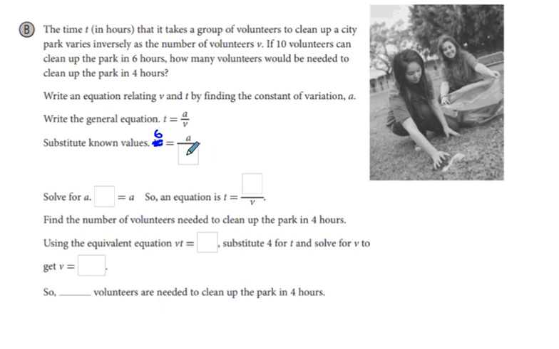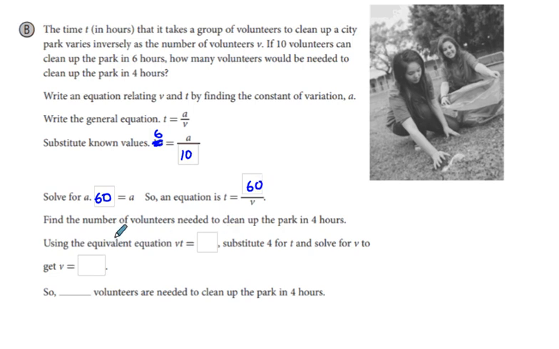And then it takes 10 volunteers. And so if we solve for a and cross multiply, we're going to get 60 is equal to a. So the equation is t equals 60 over v.